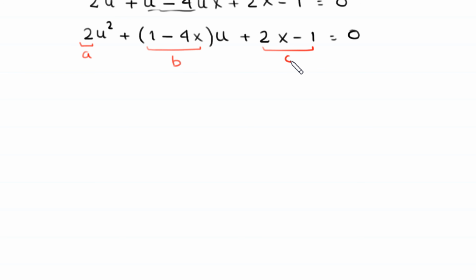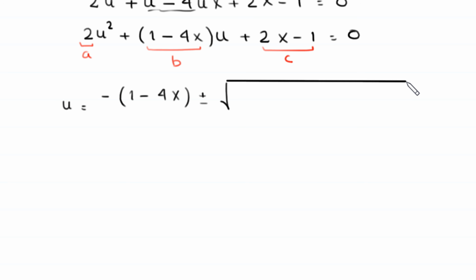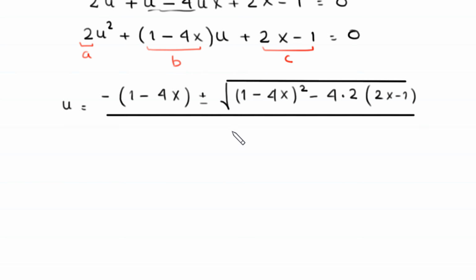This 2 is a, this 1 − 4x is b, and this 2x − 1 is c. According to the quadratic formula, u equals negative b, which is −(1 − 4x), plus or minus the square root of b², which is (1 − 4x)², minus 4 times a, which is 2, times c, which is 2x − 1, divided by 2 times a, which is 2.